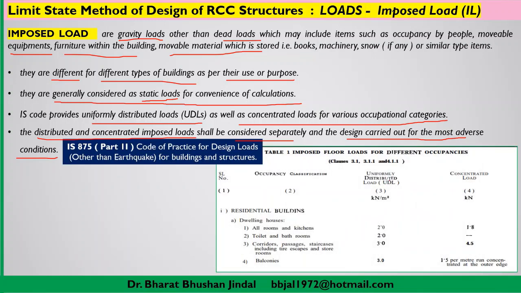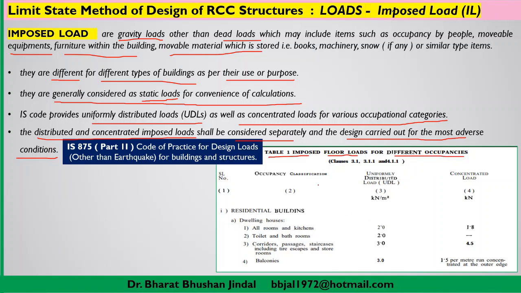Now refer here, this is IS 875 part 2. This code gives you the guideline, and the title of the code is Code of Practice for Design Loads other than earthquake for buildings and structures. In this IS 875 part 2, you can refer to table number 1, which is for imposed floor loads for different types of occupancies.